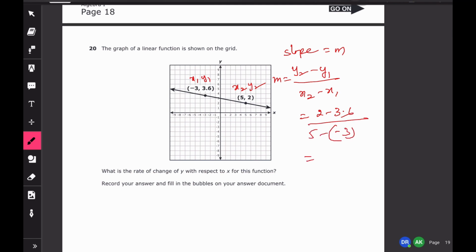Here you are getting minus 1.6 divided by 5 plus 3, which is 8. So you're getting it as equal to minus 0.2. So your answer is minus 0.2 for the 20th one.